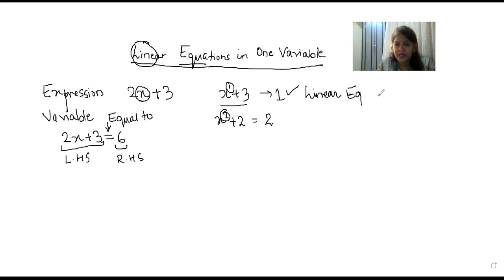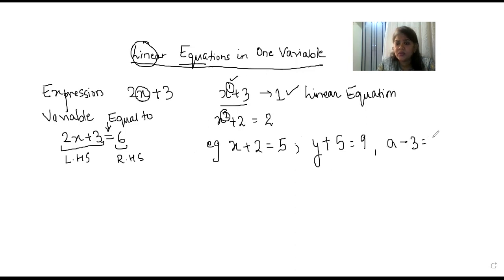Can you just repeat, anybody? Yes. An equation which has degree 1 is called a linear equation. Say, for example, x plus 2 is equal to 6, or y plus 5 is equal to 9, or a minus 3 is equal to 6.